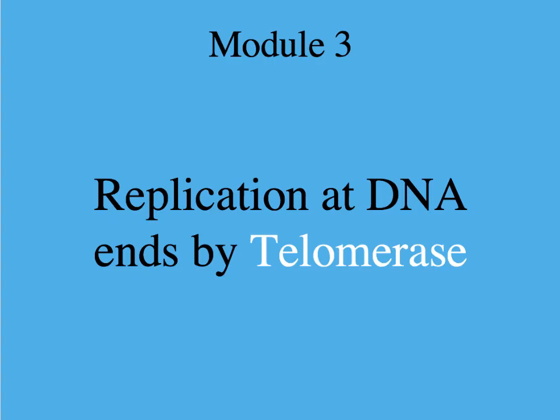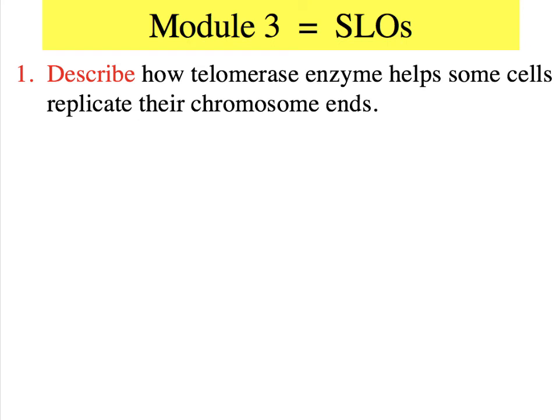The final module of this video looks at a type of DNA polymerase known as telomerase. This enzyme is only relevant to linear chromosomes, such as eukaryotic chromosomes. Once this module is concluded, students should be able to describe how this enzyme, telomerase, helps some cells with linear chromosomes replicate their chromosome ends.